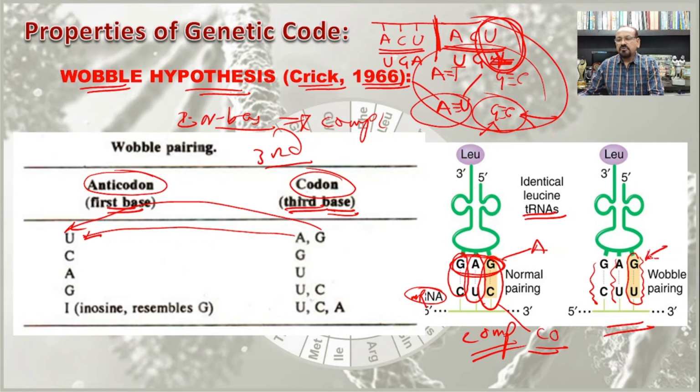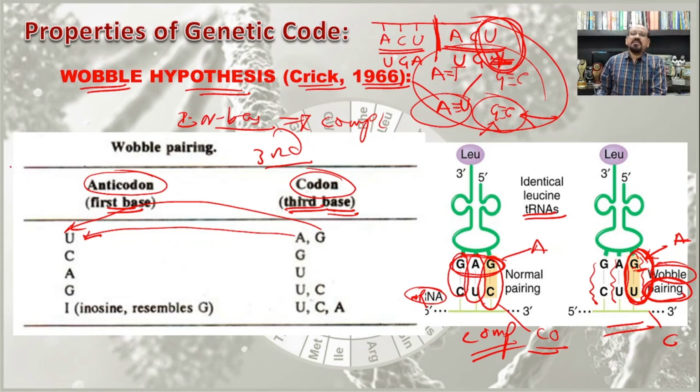Here there should be an A, but there is a G, or if here is a G, here must be a C. So these G and U are not complementary, but the first two nitrogen bases are complementary, and the third is not.